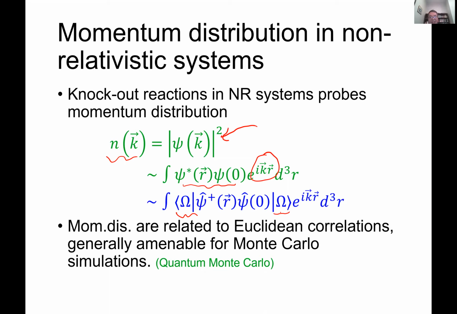You can calculate the momentum distribution in this system. In fact, it should really be called a classical Monte Carlo method, because it's a classical Monte Carlo application to quantum systems. They call it quantum Monte Carlo, but they're essentially simulating these kinds of Euclidean correlators to get the momentum distribution.